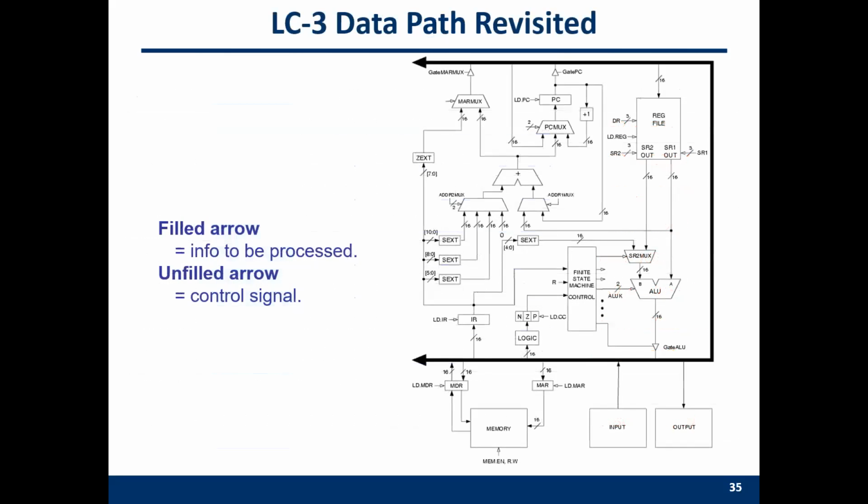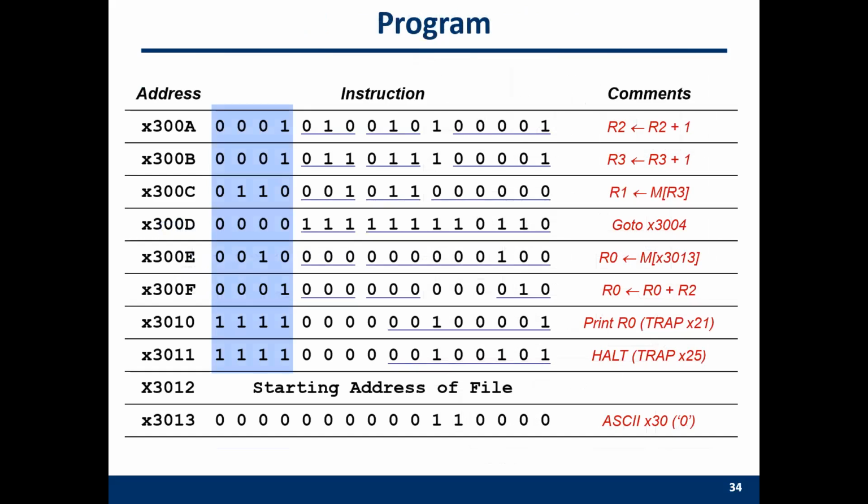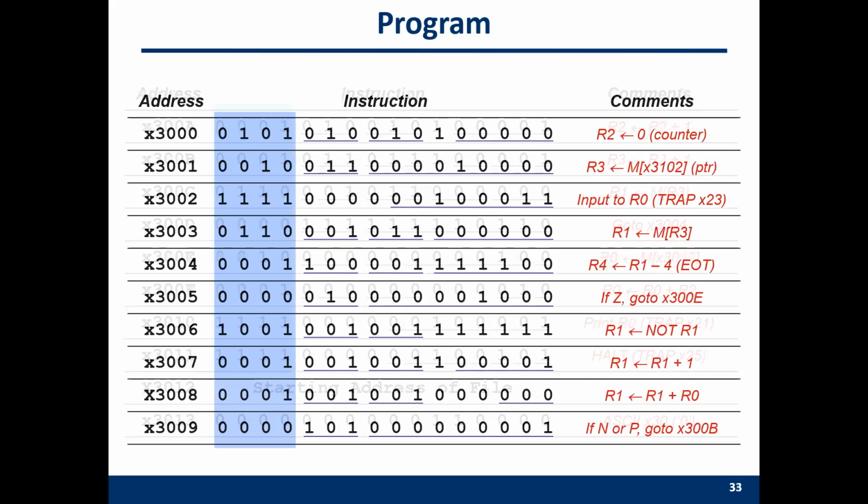The instruction size is 16 bits, so each instruction should take 2 bytes. So should the second address be 3003? This is the address of one instruction, and each instruction takes 2 bytes.